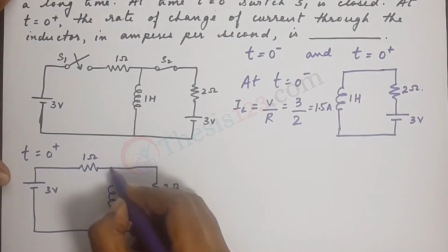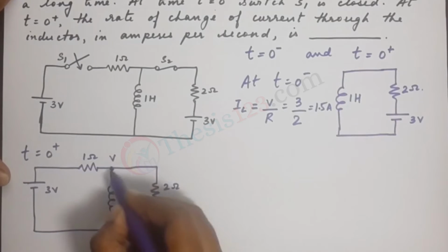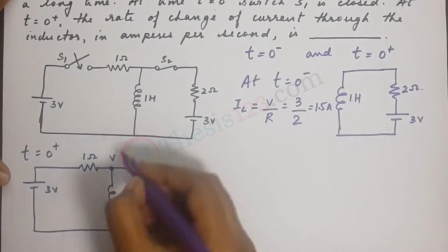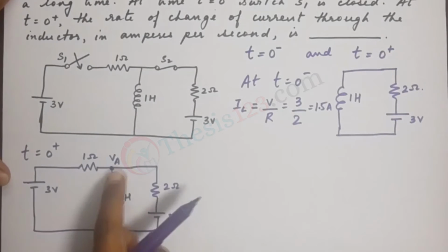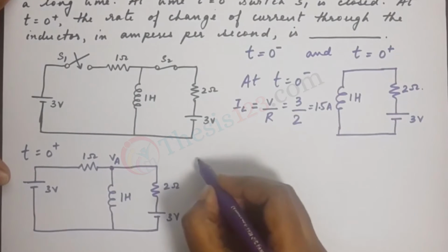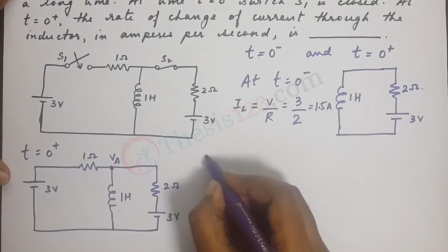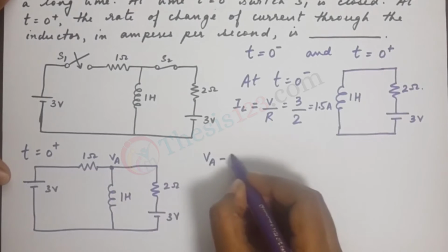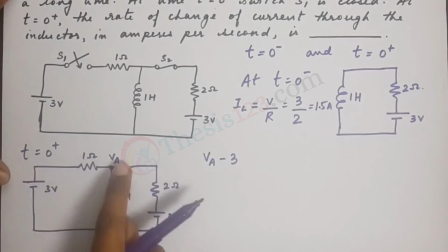So we need to calculate first the voltage at this point. Let's consider this as VA. The voltage at this node is VA. So let's write the nodal equation. The nodal equation would be VA minus 3. Now we're looking at this branch over here.